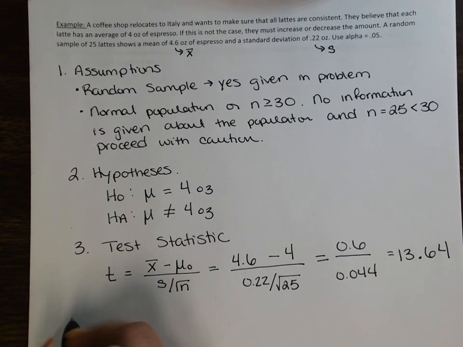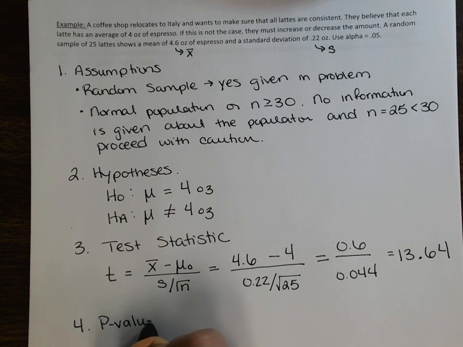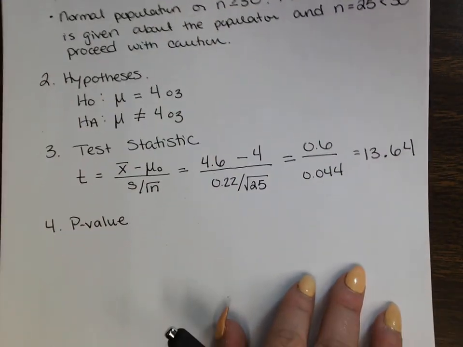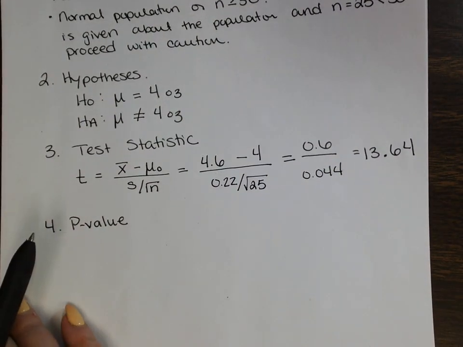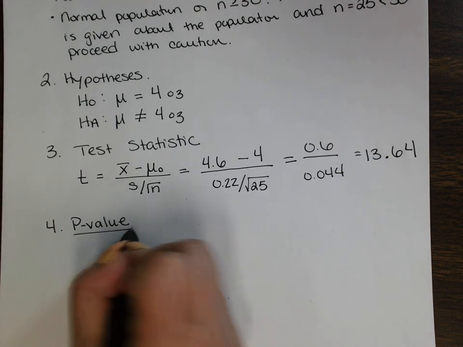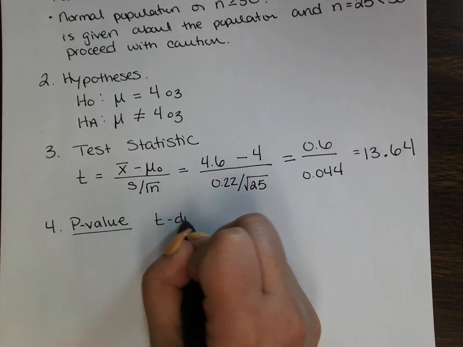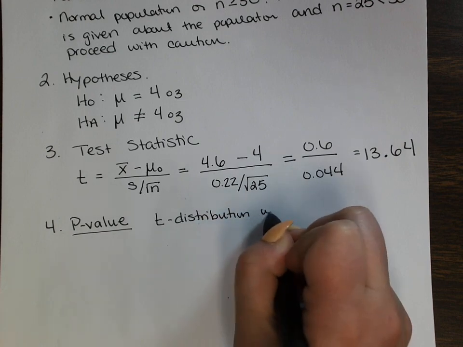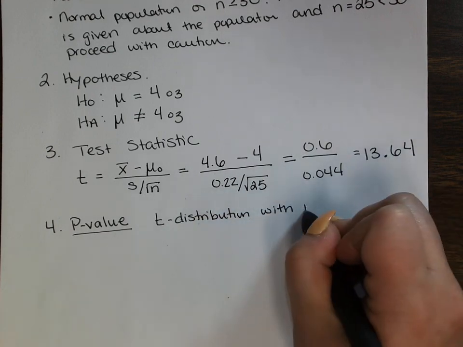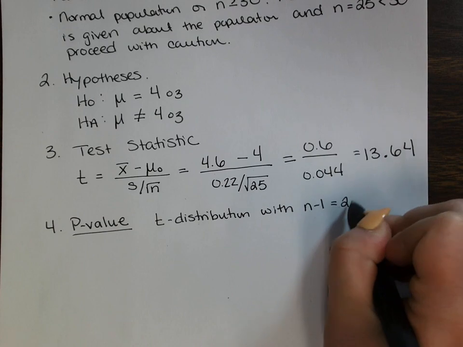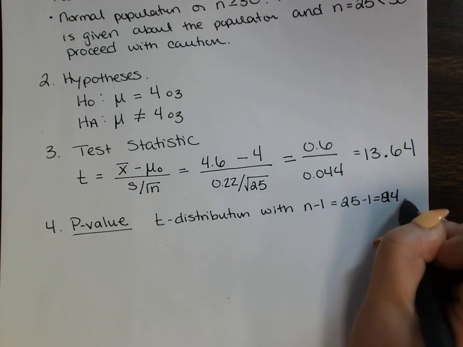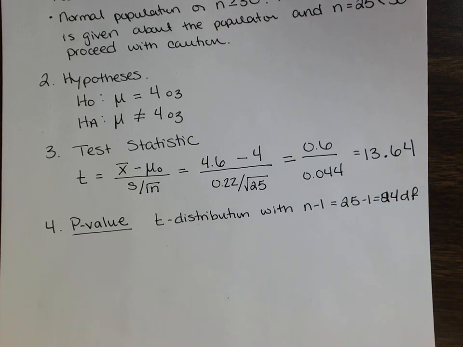Next, we need to find our p-value. To find our p-value, we're going to compare our test statistic to a t-distribution. So we need a t-distribution with n minus 1, which is equal to 25 minus 1, which is equal to 24 degrees of freedom.